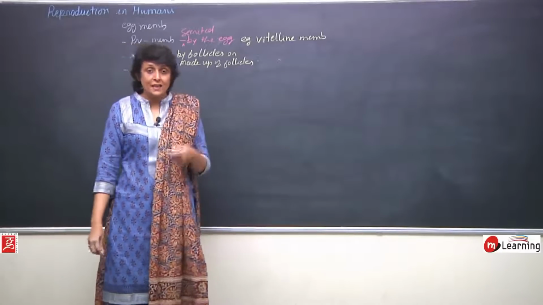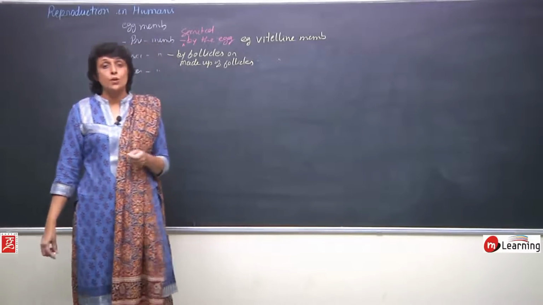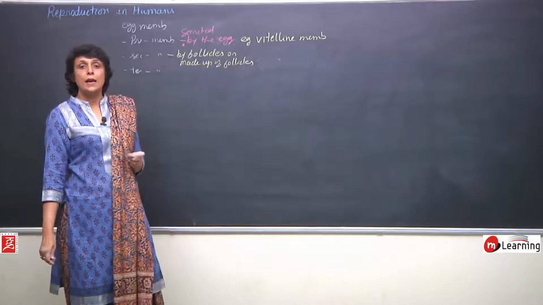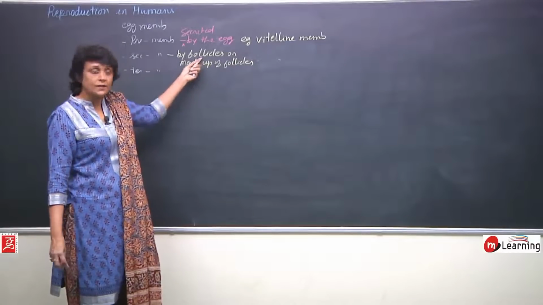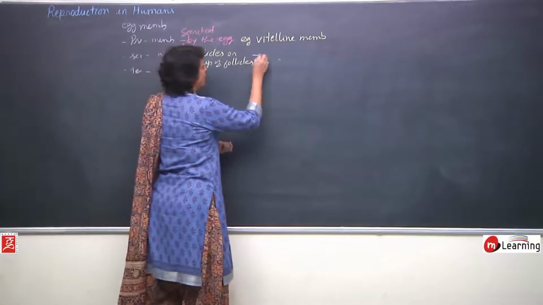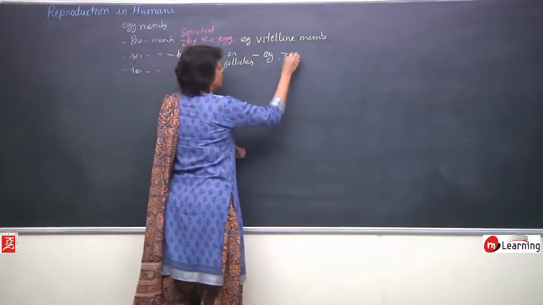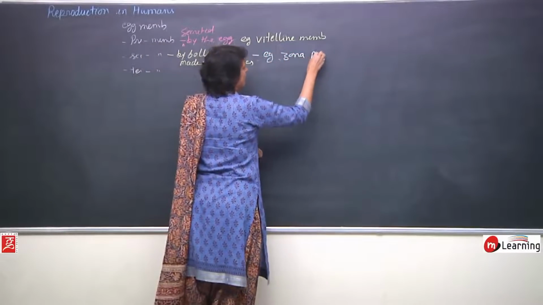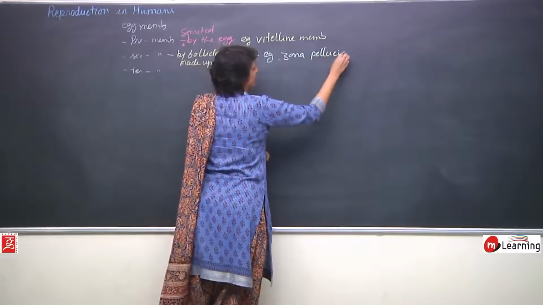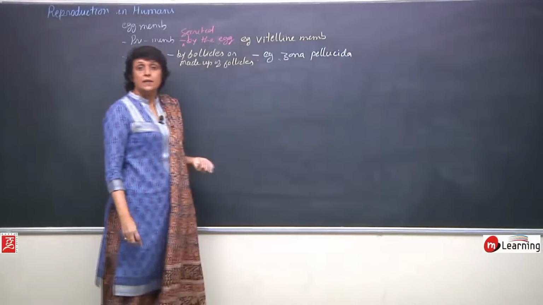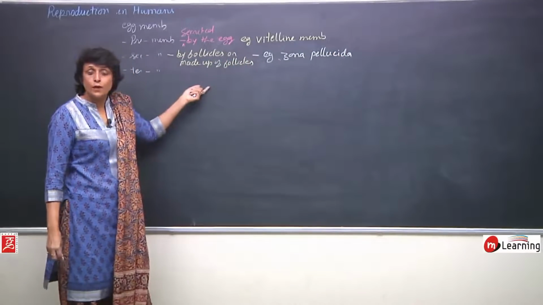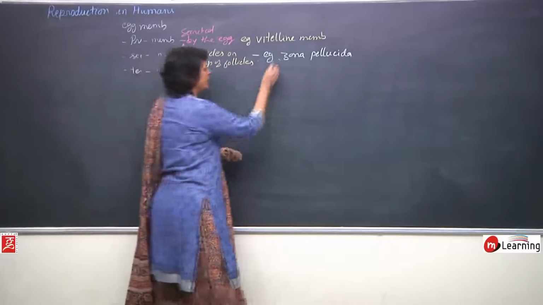Around the vitelline membrane, there is one layer which is known as zona pellucida, a non-cellular layer secreted by follicles. So example of this is zona pellucida, and the layer which is made up of follicles, that is corona radiata.